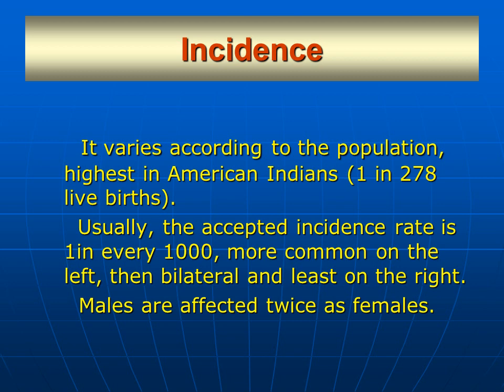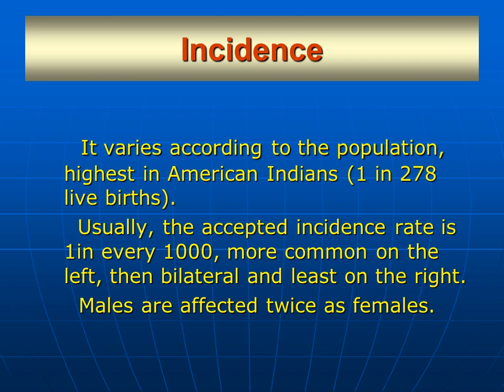That's to say, when we say it is more common on the left, this denotes that the right side in most live births fuses first. Therefore, when we have a cleft, it will be on the left side.